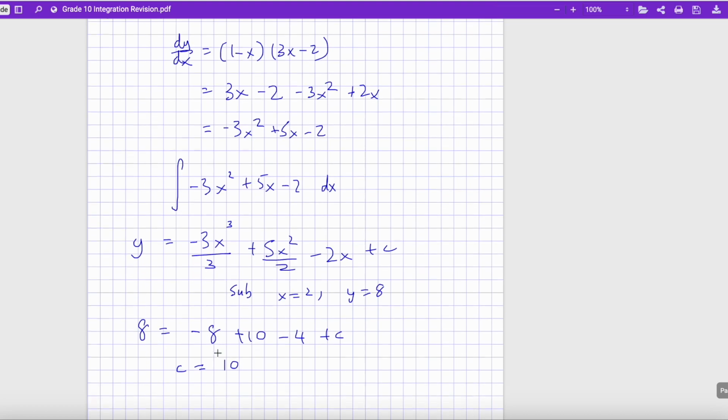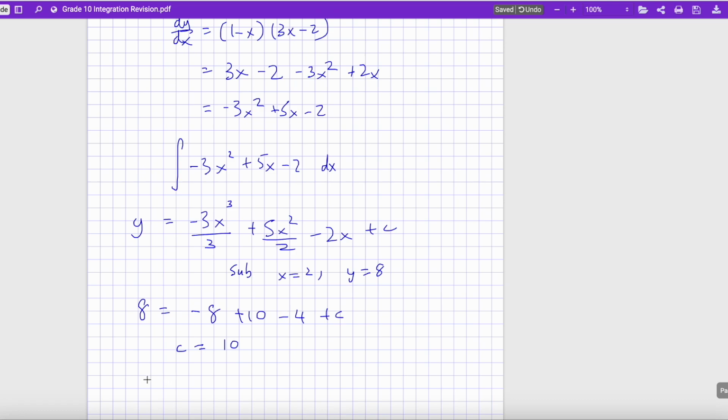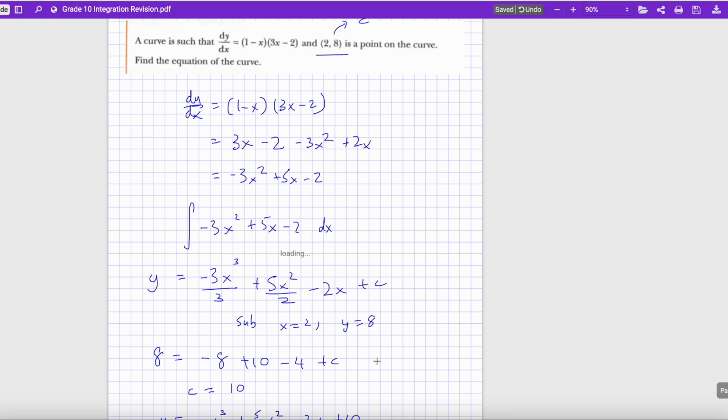So c is 10. All right, so let's rewrite this. So y equals minus x cubed plus 5 over 2 x squared minus 2x plus 10. Okay? Now, this is how you solve it.